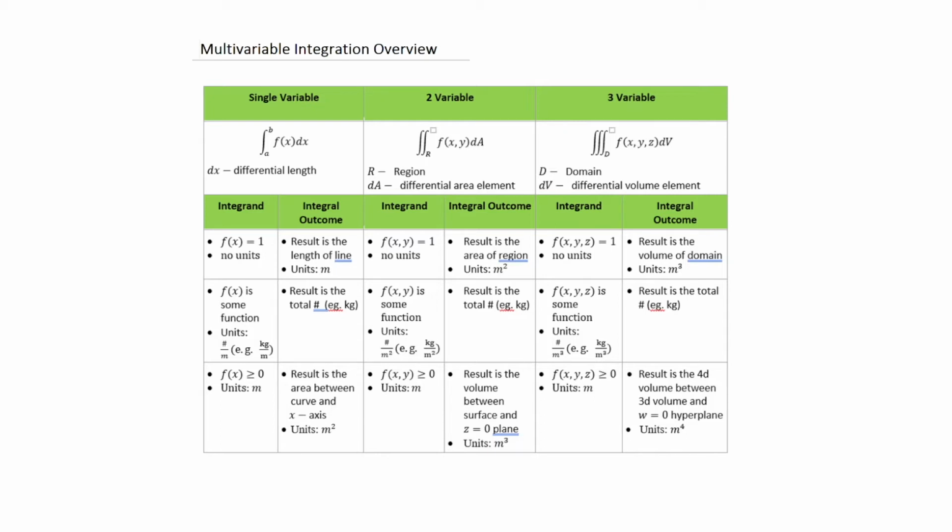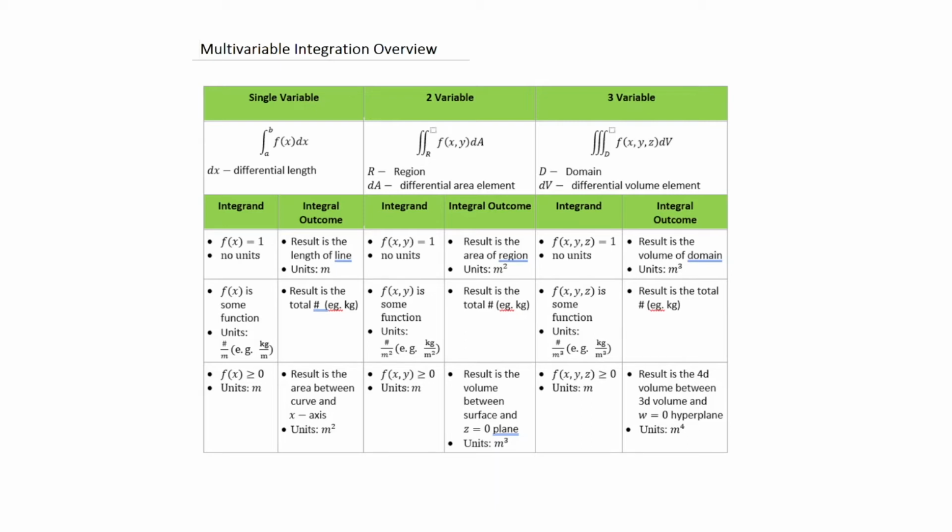Second option is f of x y is some function, right? And its units would be a number sign divided by meters squared, right? The number in this case could represent kilograms. And so this would be a mass density in units of kilograms per meter squared. So if I integrate this kilograms per meter squared over the region of interest, I'm computing the total mass of that particular region.